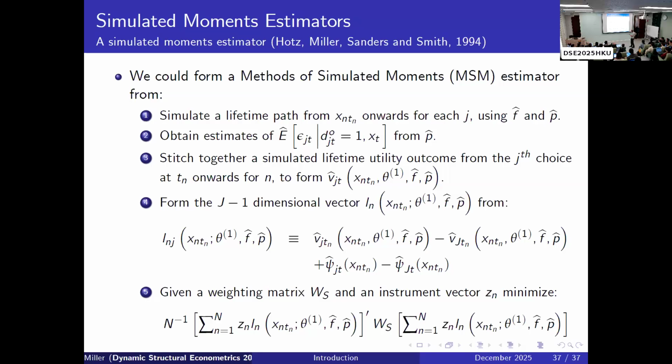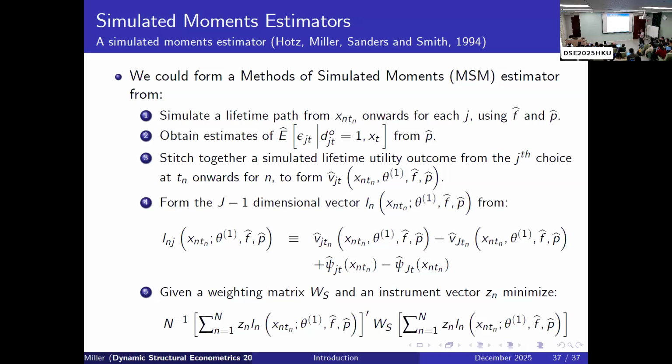And on this J minus 1 dimensional vector, almost same, to get those v hats, okay? And then we go from there by, here we have the difference in the conditional value functions with the correction factors appropriately.